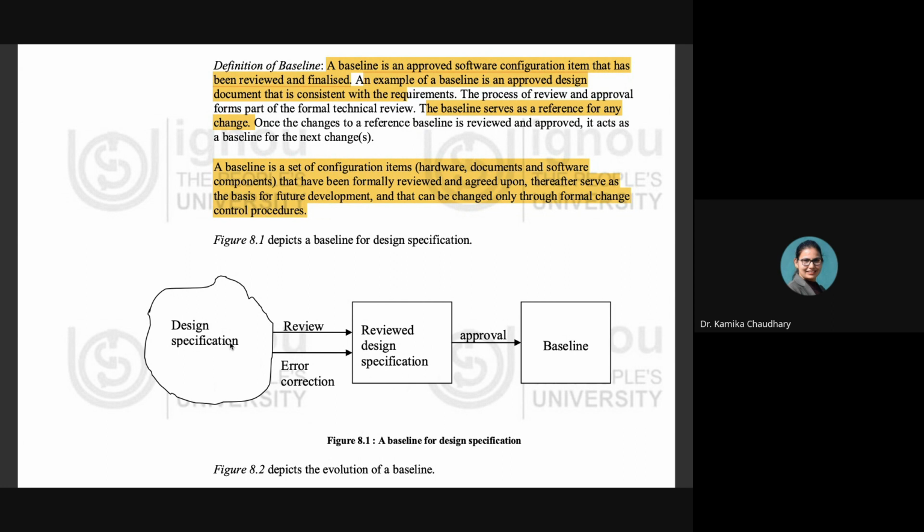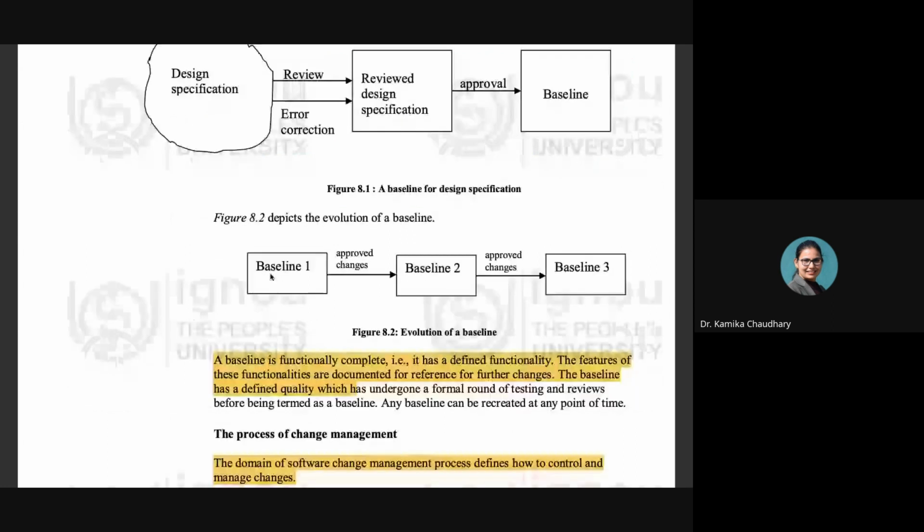Then that approved design specification will be called the baseline of the design specification. I hope I am clear. I will repeat it. We have a design specification of a module of our software. It will be reviewed. If any error persists, that error will be corrected. Then a reviewed design specification will be formed.